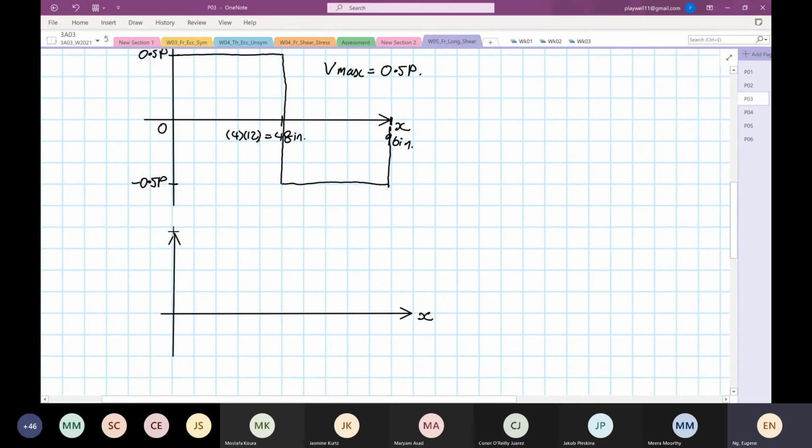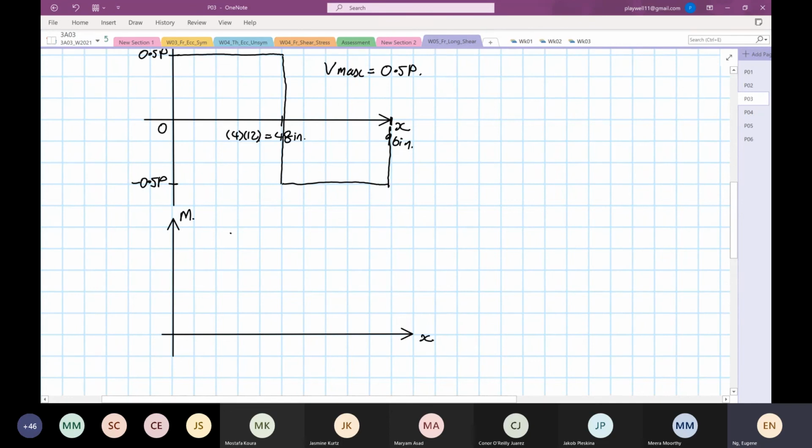Why do I decide just to focus on the positive? Is it because the question gave sigma allowable as a positive number? No.